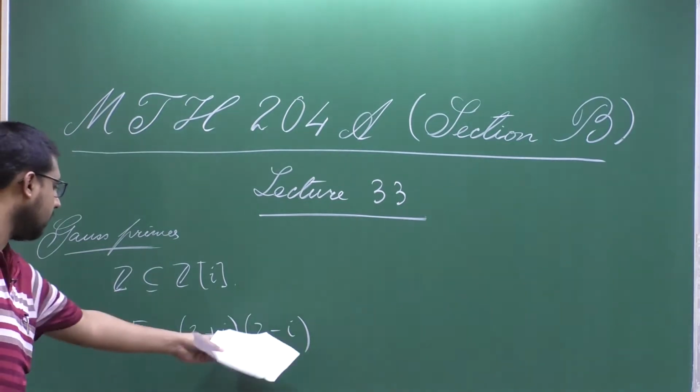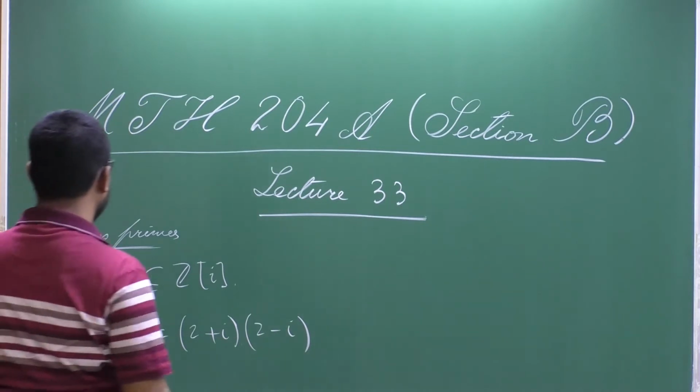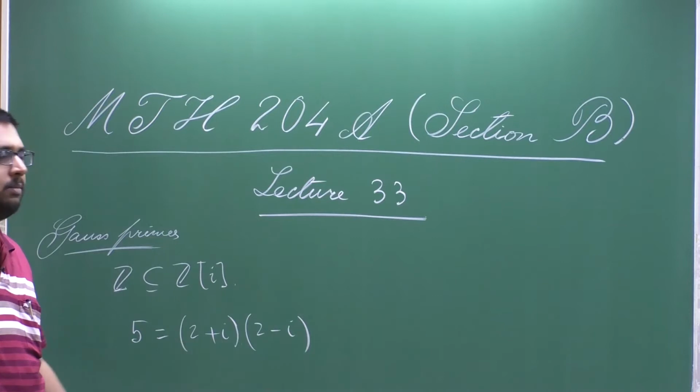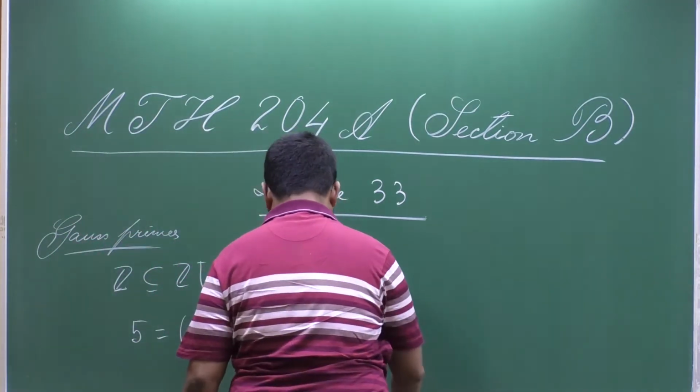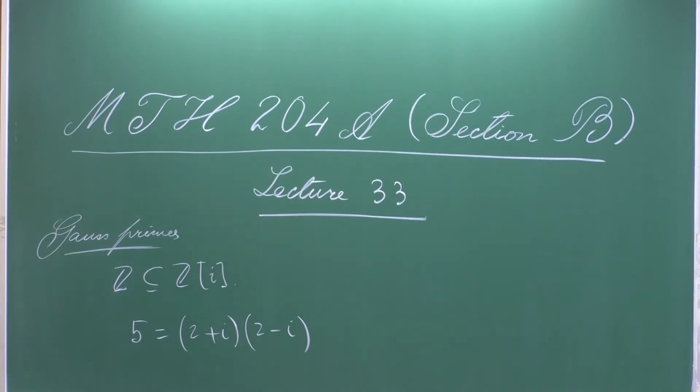None of these is a unit, so that factorization immediately shows that primes here need not be primes in Z[i]. They might admit some factorization. So we will try to see when a prime integer is going to be a prime in Z[i].